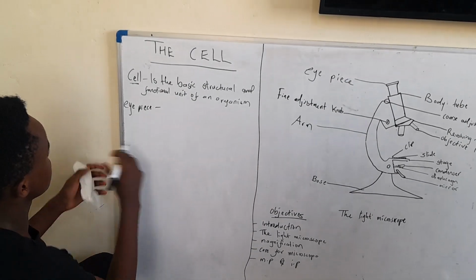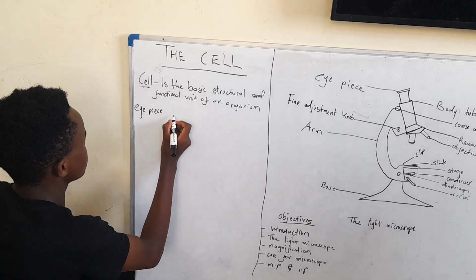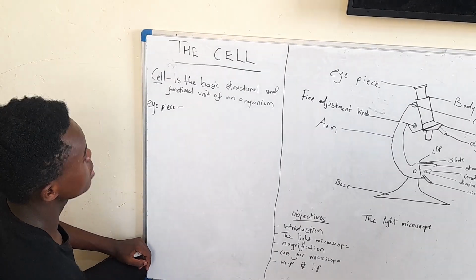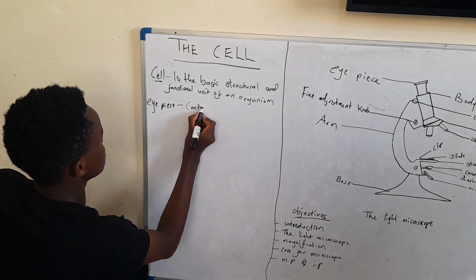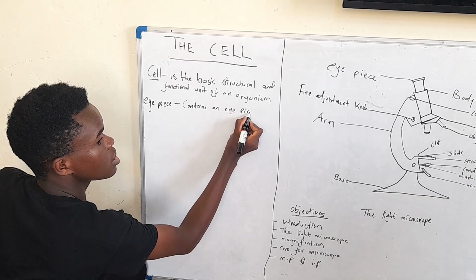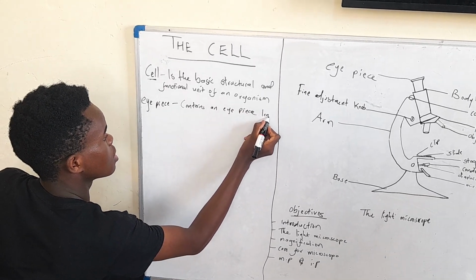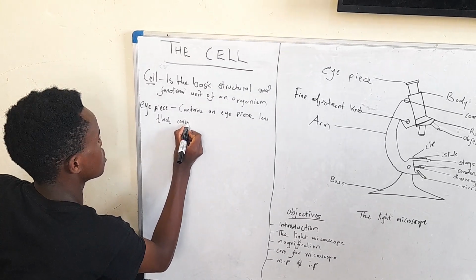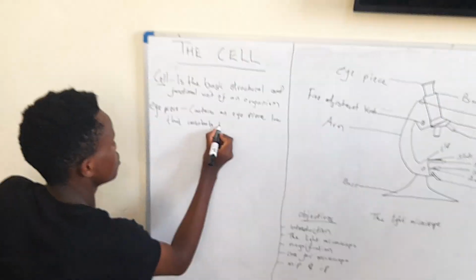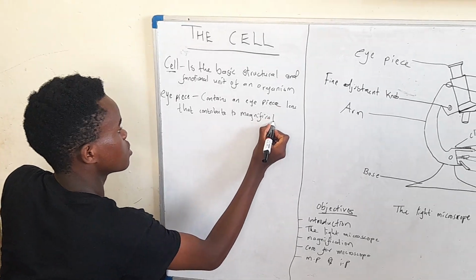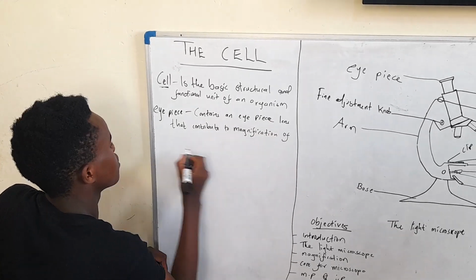Eyepiece, the eyepiece lens. What is the function of the eyepiece? The eyepiece contains an eyepiece lens that contributes to the magnification of the specimen under view.